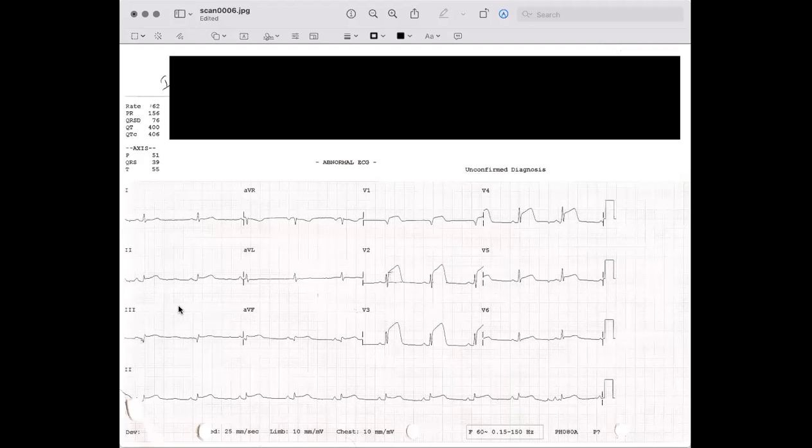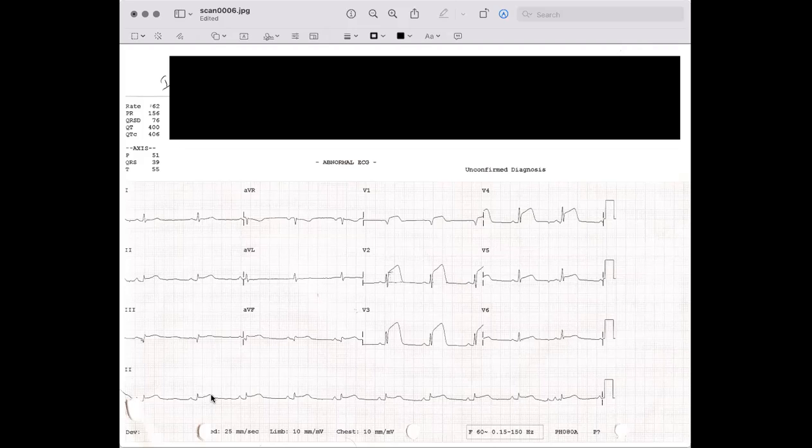Next, I will check the rate by RR interval. I will count the small boxes, then 1,500 divided by the small boxes.